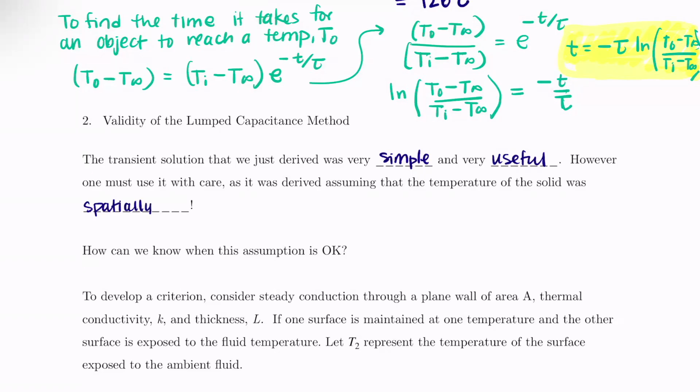Or spatially uniform. All right. So the question is, how do we know when this assumption is okay to make? Okay. So we would like to develop some type of a criterion in order to evaluate quantitatively whether or not we can make this lumped capacitance assumption.